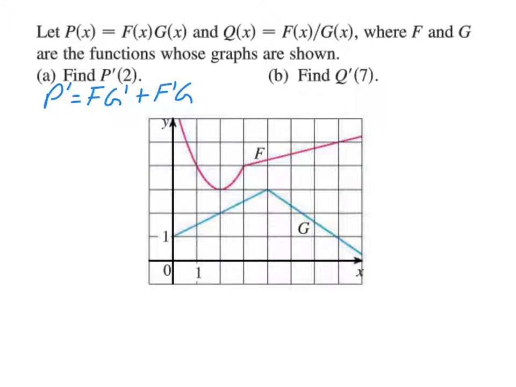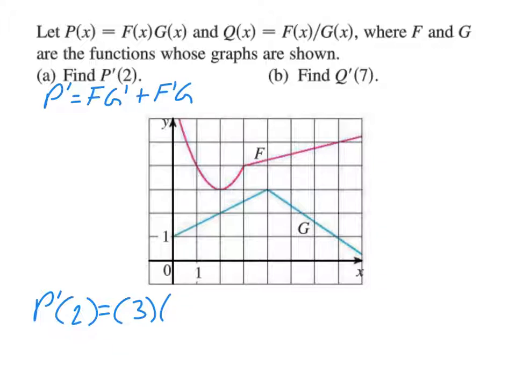So, for this one p prime of 2, we first need f of 2. F, you'll notice, is the purple graph up here. And we're looking to see what the value is when x is 2. That's up at 3, and so it's going to be 3.